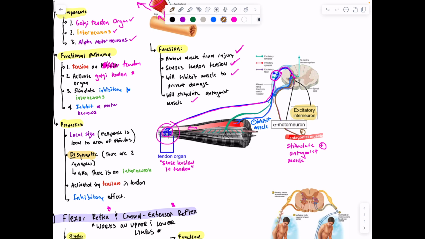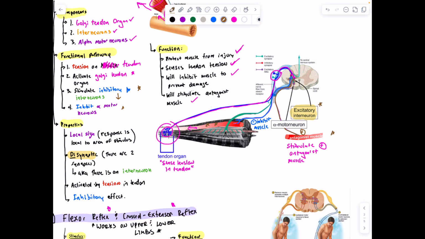Okay, so stimulate inhibitory interneurons, which inhibit the alpha motor neurons of the muscle attached to the tendon. And then you still have the reciprocal effect, which is you're going to synapse on the stimulatory interneuron, and you're going to stimulate the antagonist muscle.